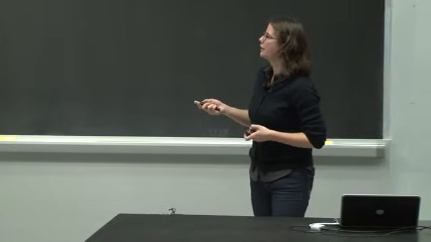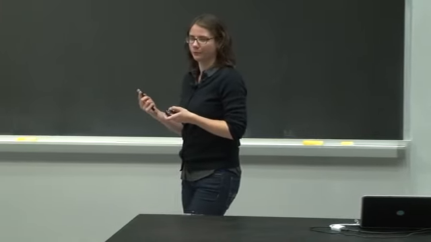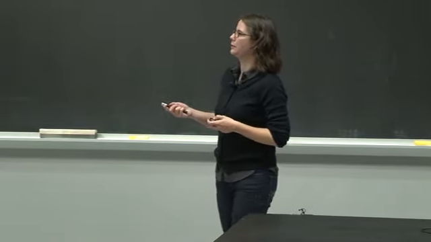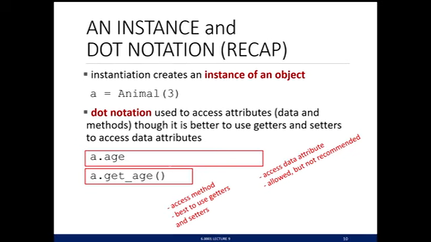However, it's actually not recommended to access data attributes directly. So you're going to see in the next slide the reason why we're going to use getters and setters. Instead, you should use the getAge getter method to get the age of the animal. So this is going to return also 3. So these are going to do the same thing.